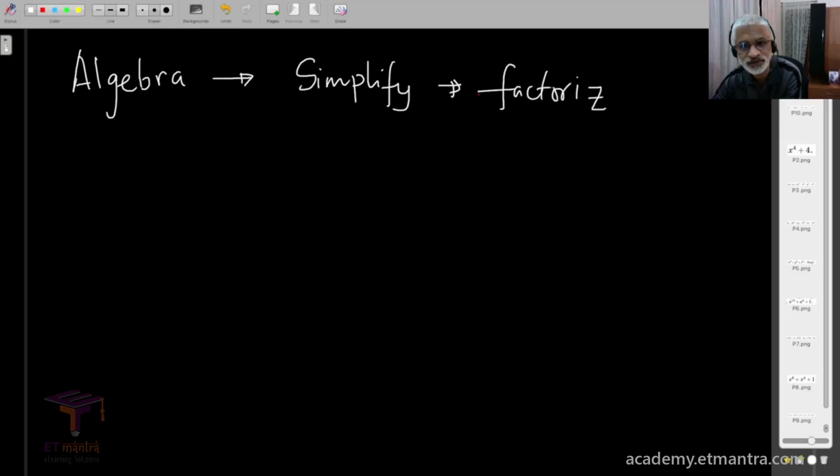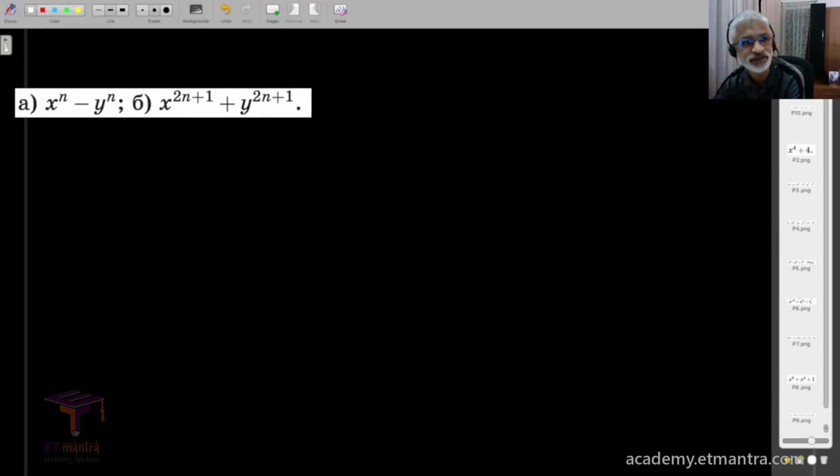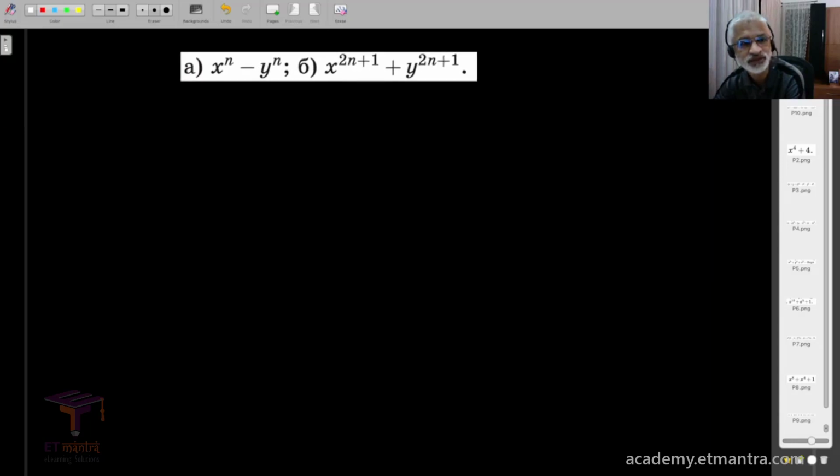Before we look at some interesting ones, let's look at what one would consider the most often used factorizations. So let's not skip them, and straight away let's jump to the two most famous factorizations and analyze them for some time. The first one and the second one, we'll look at both of them.